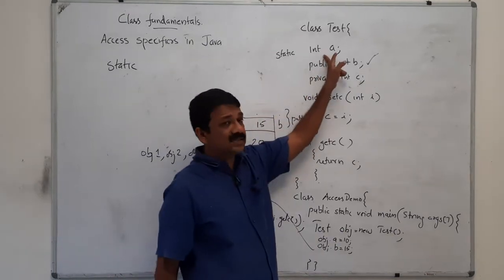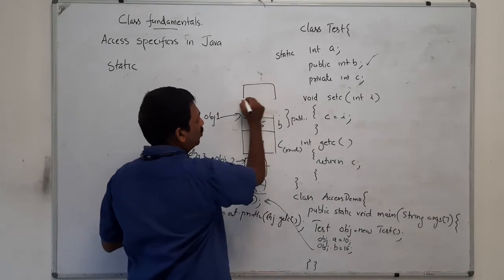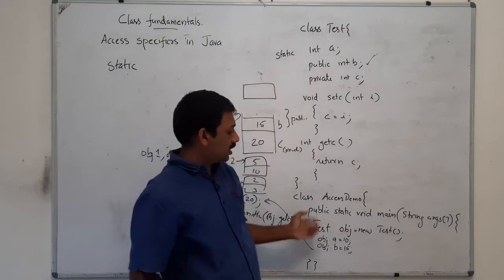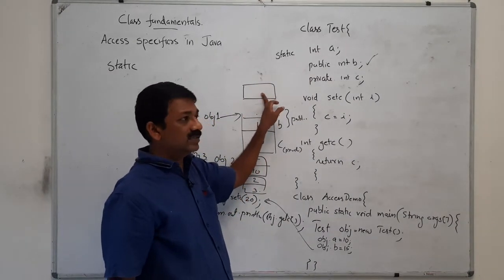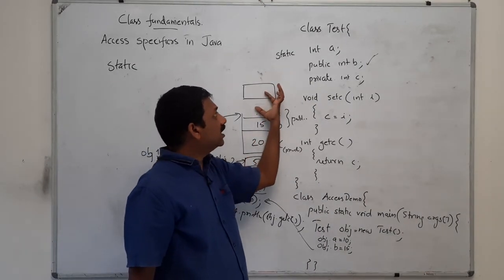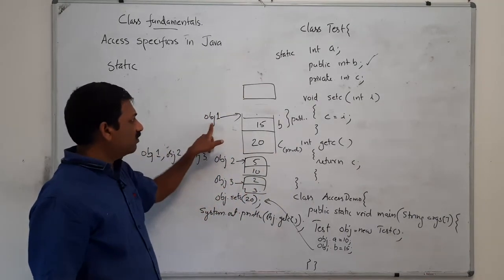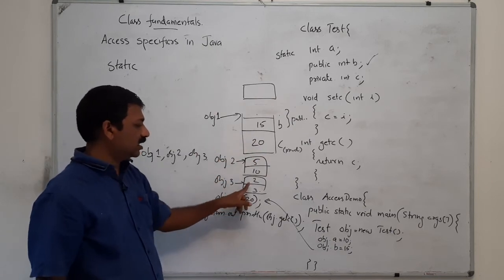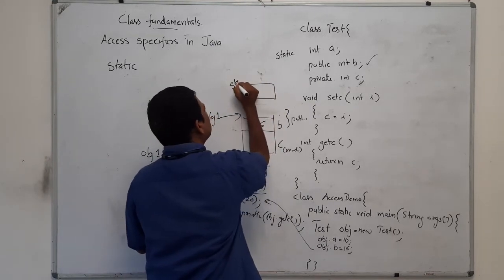Now, as this is a static variable, there is a common variable common to all these three objects. These objects are created from this class, and this is a class variable. This is a variable shared by all the instances of that class. obj1 can use this variable, obj2 can use this variable, and obj3 can use this variable, and we have only one static variable.